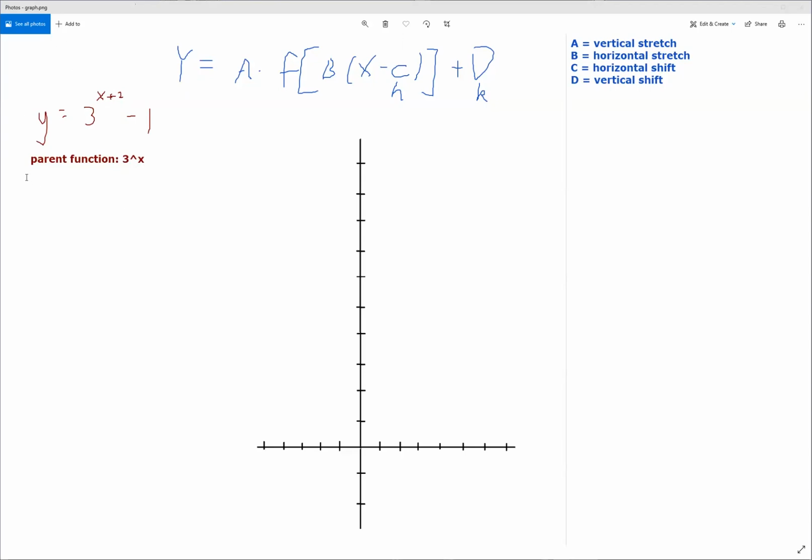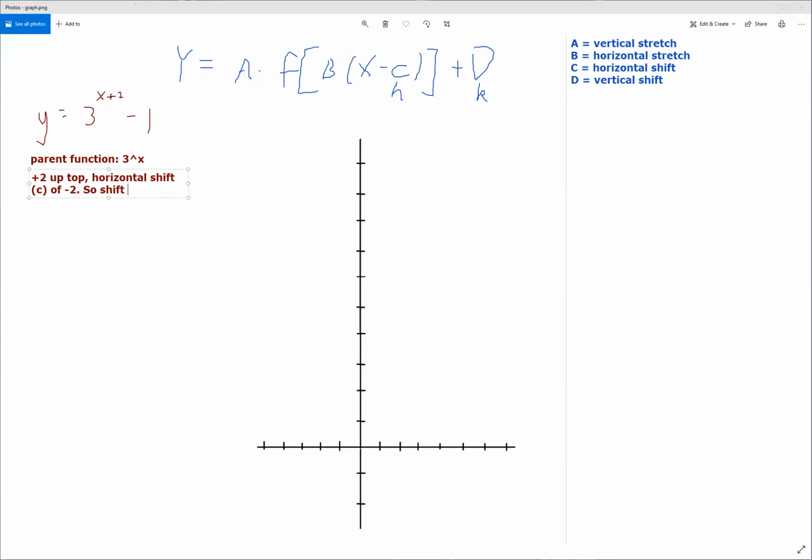But then we've got the plus 2 up top. That is an inside number. So therefore, that is a horizontal shift, a c value or an h value of -2. Remember that this is written as x minus c, not x plus. So x minus -2 is the same thing as x plus 2.